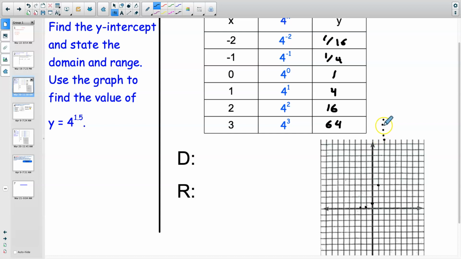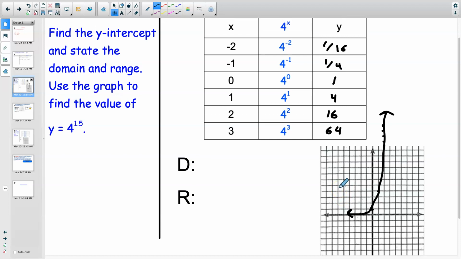I started the curve there, so there's my last point, if I really wanted to get a last one on there. This one's getting closer and closer to the x-axis. So there is your graph for y equals 4 to the x.